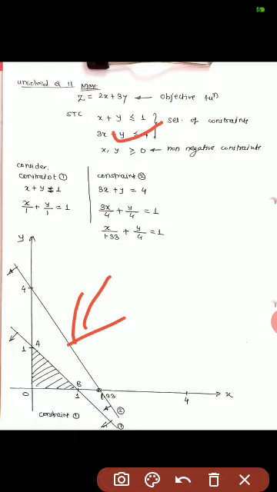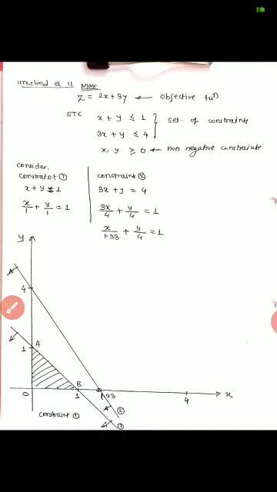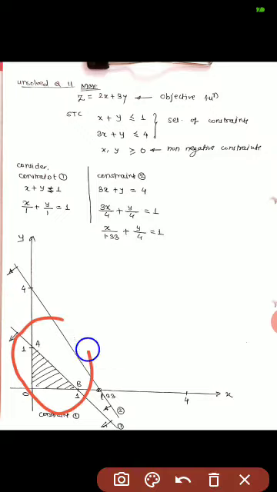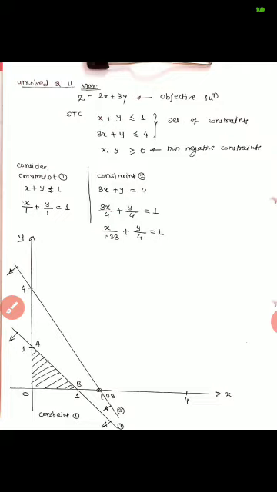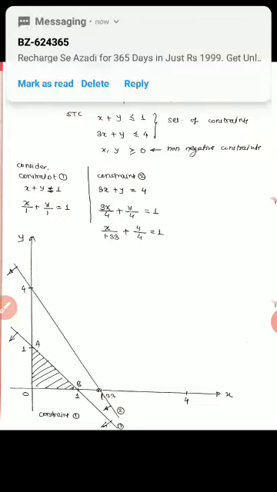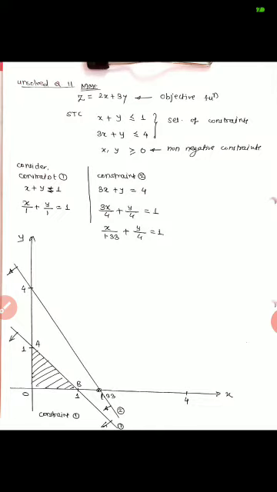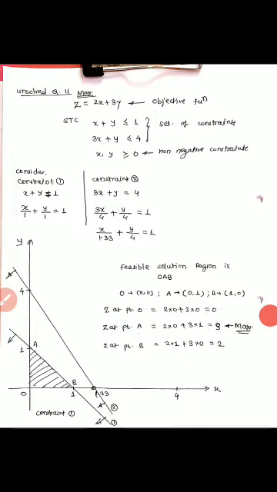Now we have to find the common feasible solution, and for these two lines the common solution is represented by OAB. I hope you are able to see this. I have shown it by hatching lines, and this is our common feasible region, from which we will get the optimum solution.